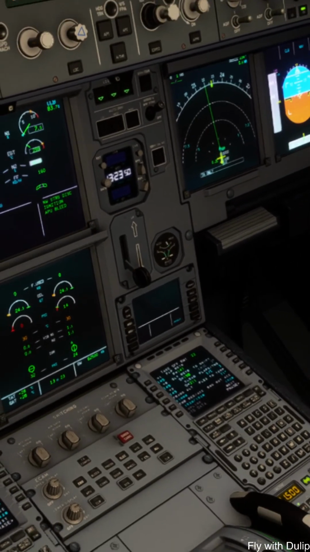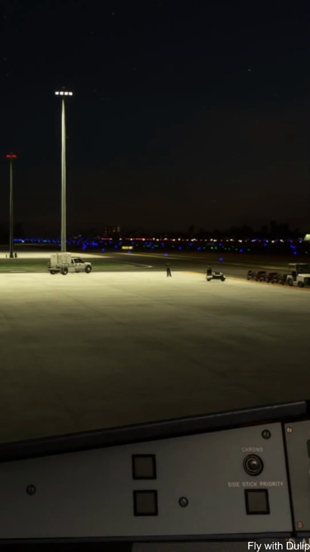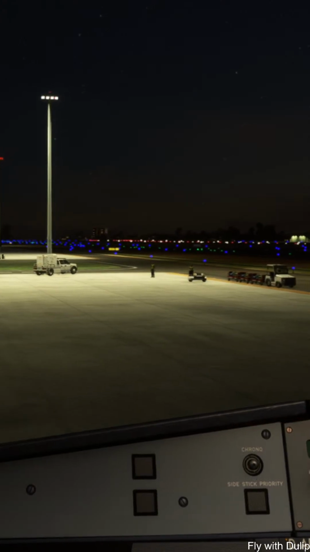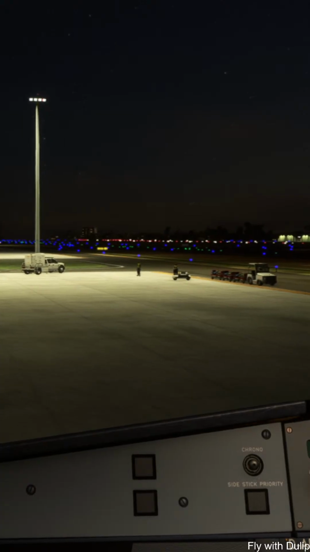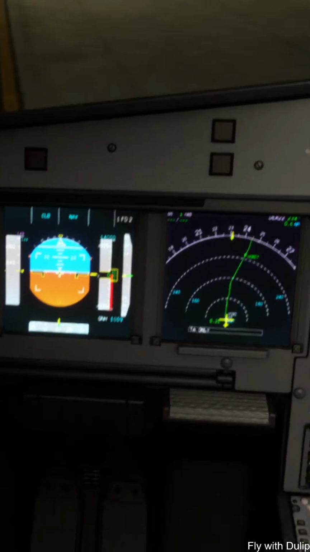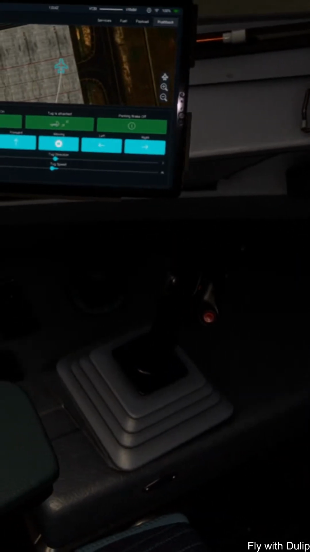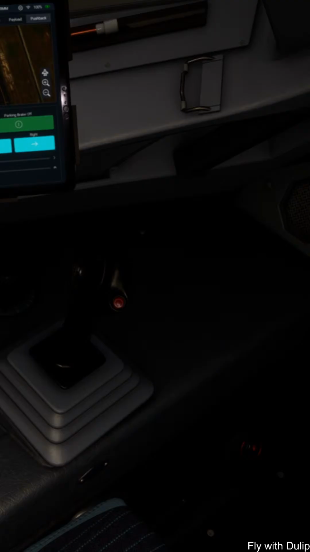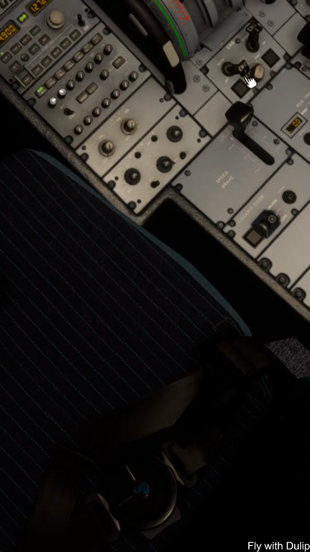Engine is starting up, no issues. Engine 2 is starting up. So I think no one is hitting the copyright button. Apologies. Engine number 2.